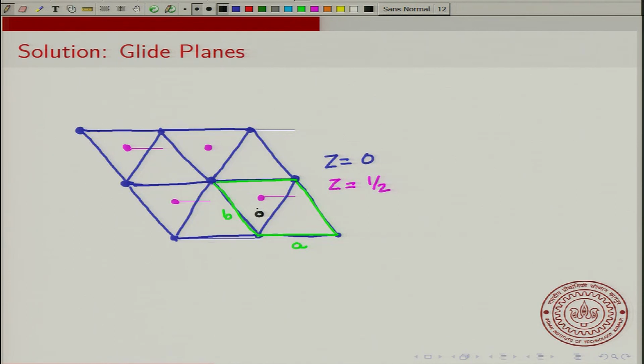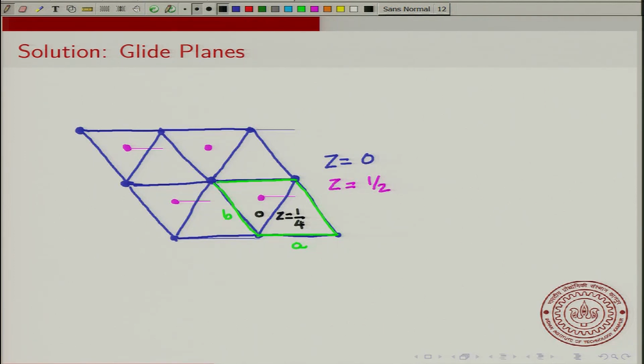Okay. Now, sometimes it is convenient to show the symmetries using this inversion point. This inversion point is located at z equal to 1 by 4, and at the appropriate coordinates of A and B. But it is located at z equal to 1 by 4.